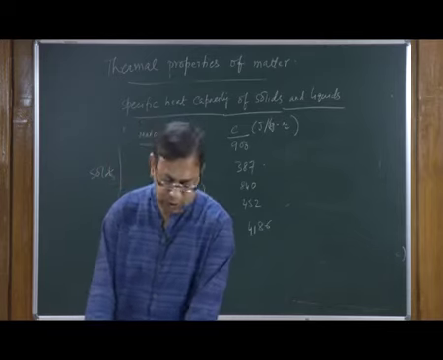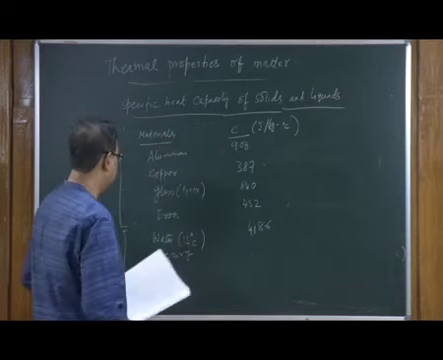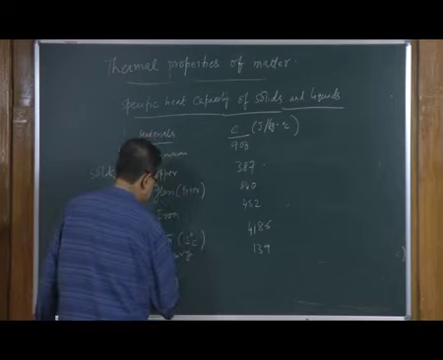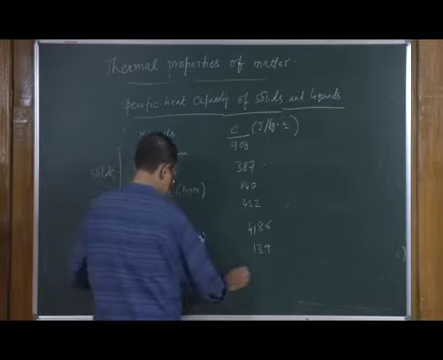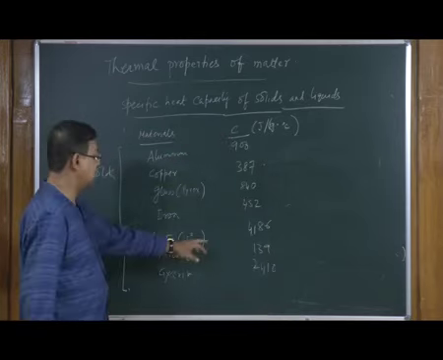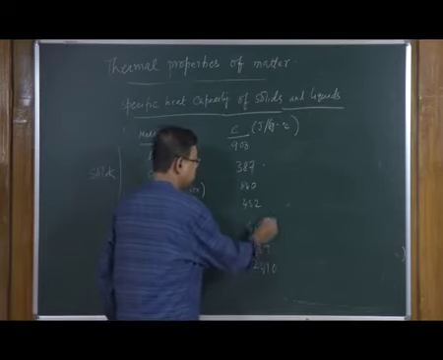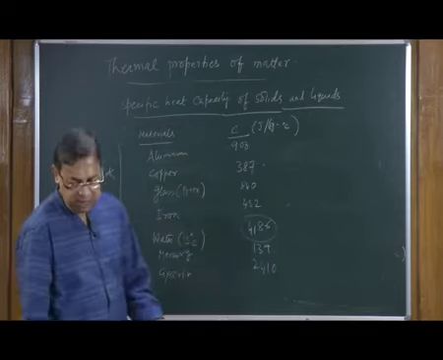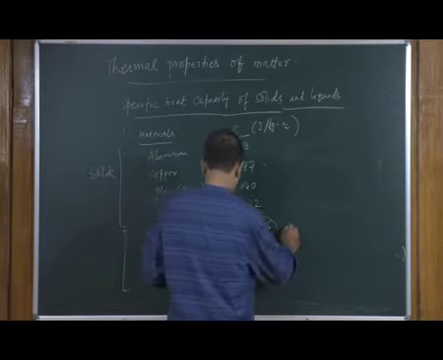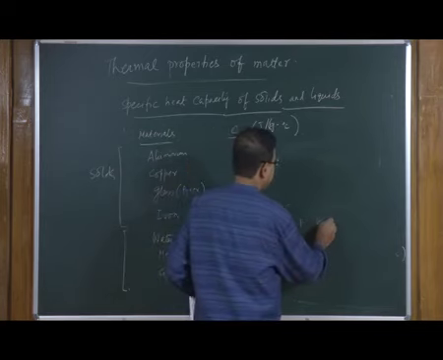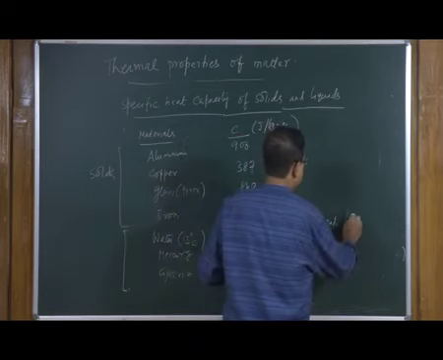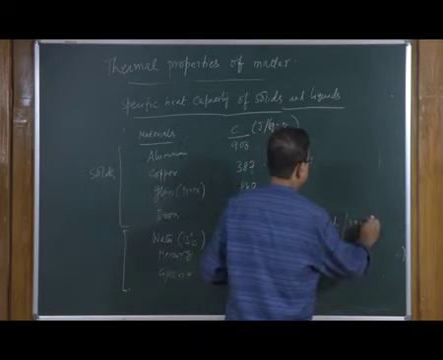Yeah. So, this is 4186, and mercury is 139, and the glycerin is 2410. Now, this number might be confusing to you, and this is nothing but equal to 1 when you write it in terms of 1 kilocalorie per kg degree centigrade.